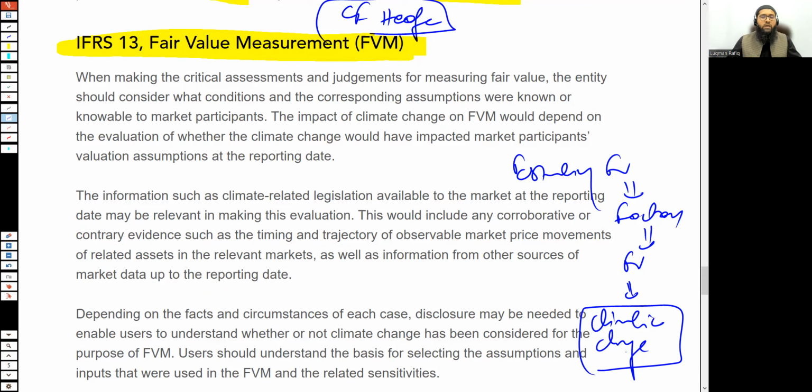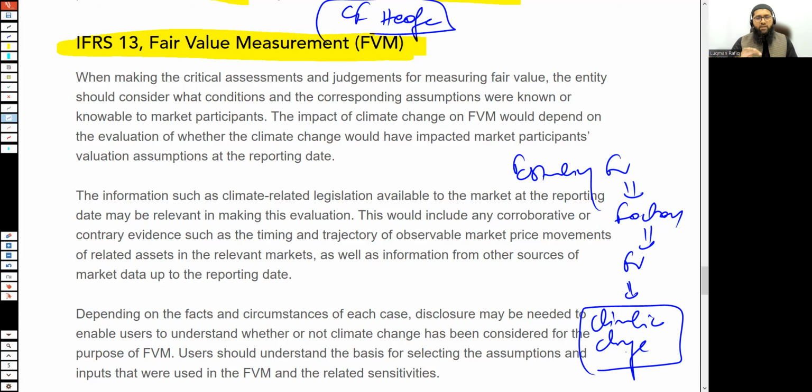So you have to make sure that while estimating the fair value, you are accounting for the impact that climatic change is going to have on the continuity of the business, on the cash flows of the business, on the residual values, on the market values of the business, etc. All of this needs to be accounted for.